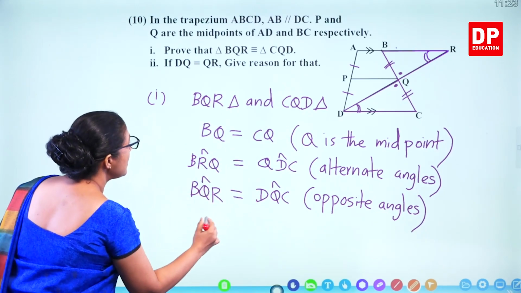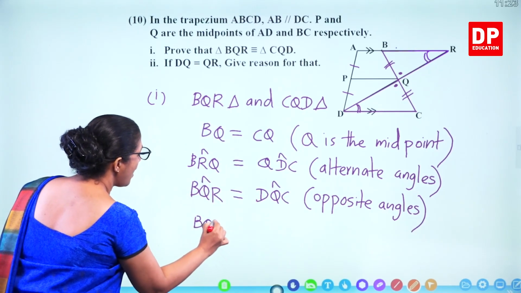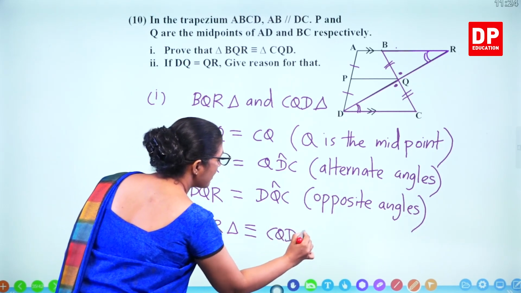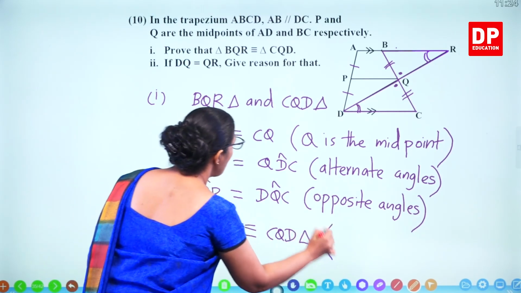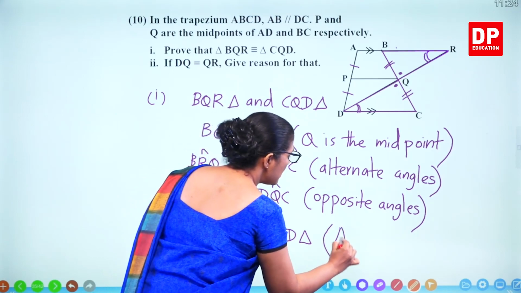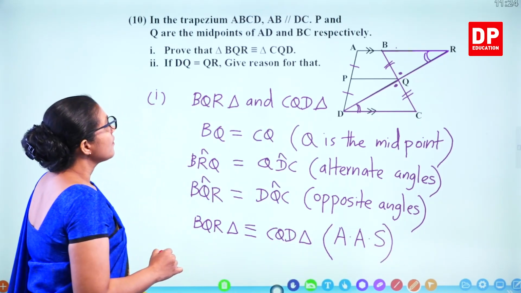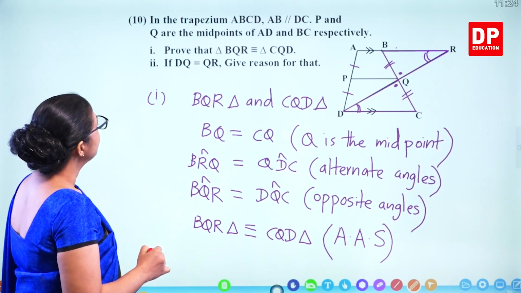Now we can see BQR triangle is congruent to CQD triangle because of angle, angle, side. So that's the first part.